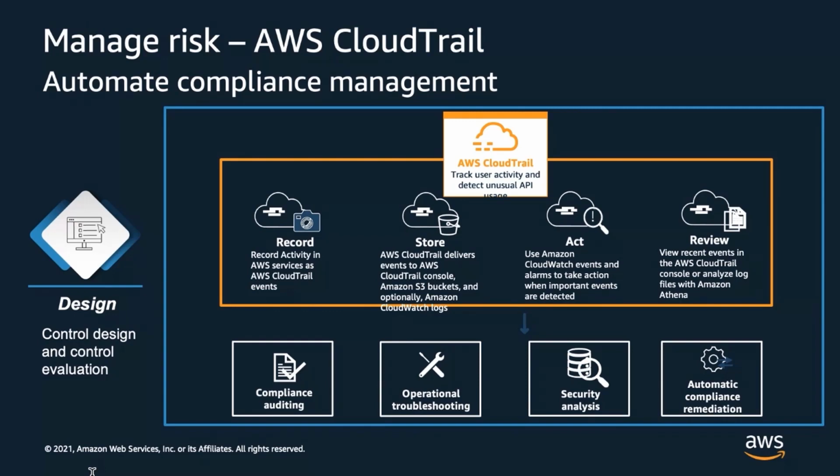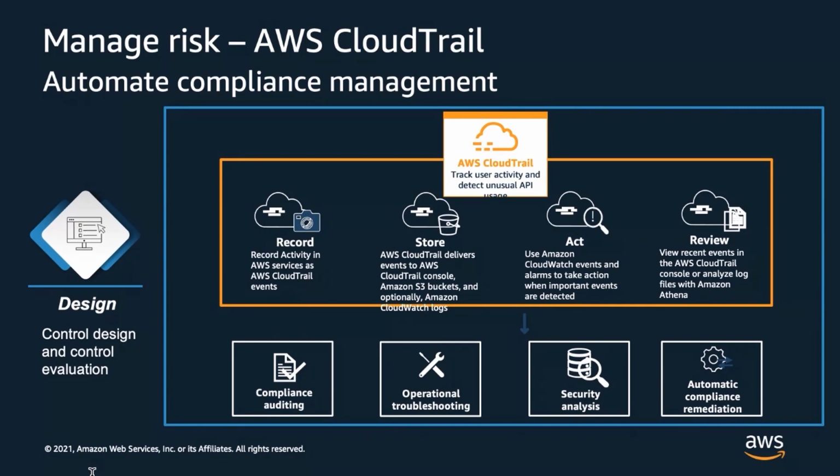AWS CloudTrail provides event history of your AWS account activity, including actions taken through the AWS Management Console, AWS SDKs, command line tools, and other AWS services. You can enable one trail on each region for all management events automatically at no charge. That just shows how important this service is for us.